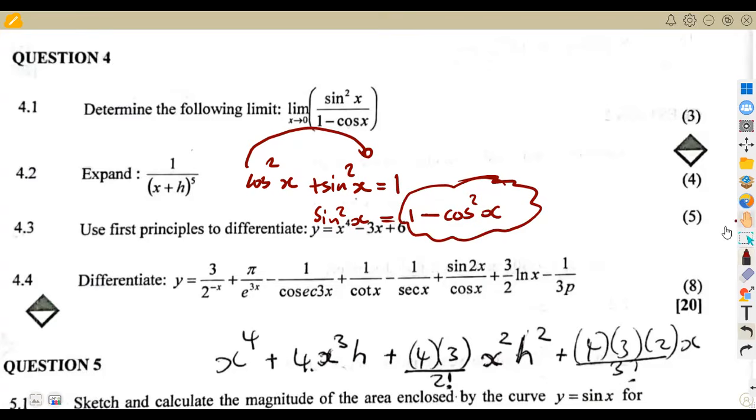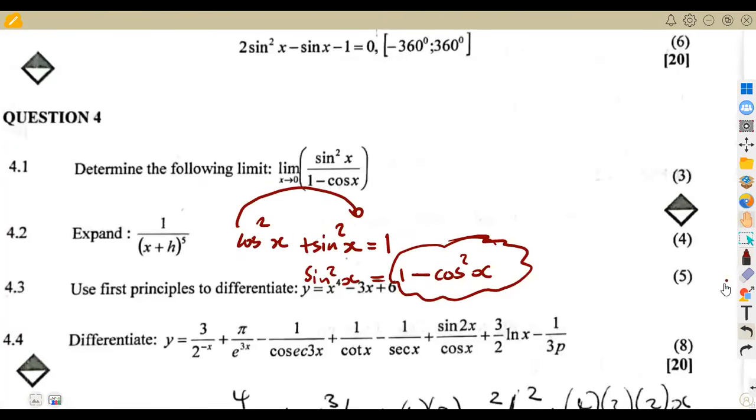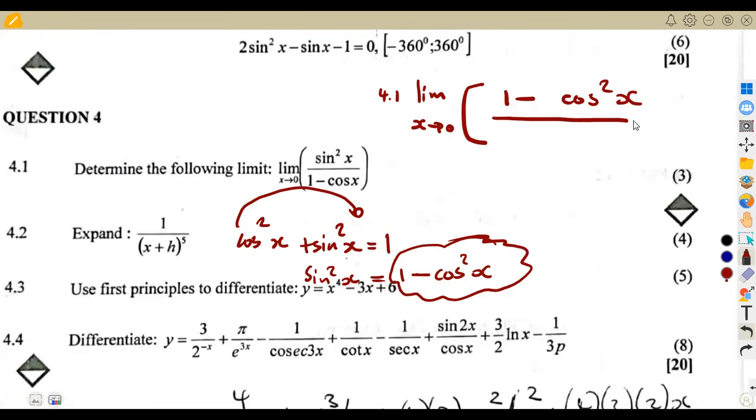So what it simply means is that here we are going to have our solution as, this is 4.1. The limit, all right, as x is still approaching 0, but now in place of sine squared, we're going to have 1 minus cos squared of x, all right, everything over 1 minus cos x.